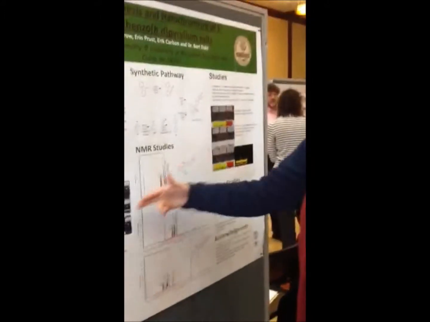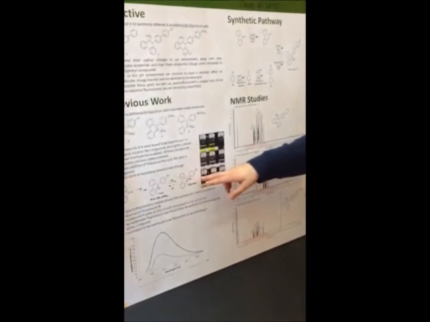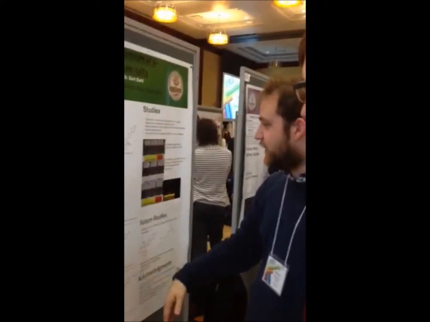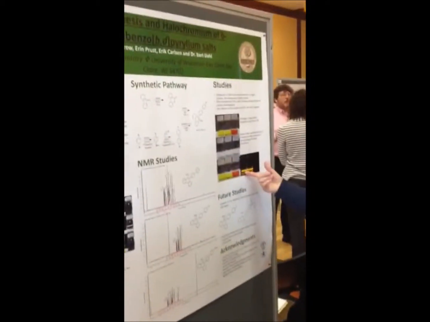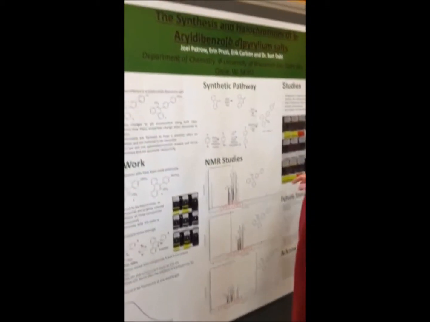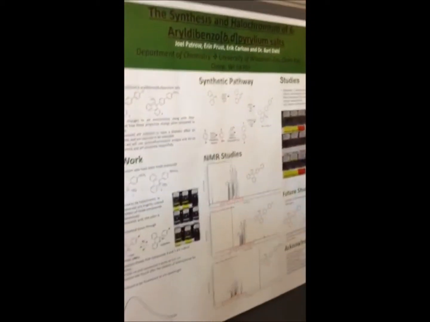Let's join in. So then we thought, okay, maybe we can tune these colors. So let's put in some spacers. So we added in a bifold spacer versus a monofold spacer. And we synthesized those and we saw the exact same thing. We could change the color and that was really cool. And they were fluorescent as well. Right.